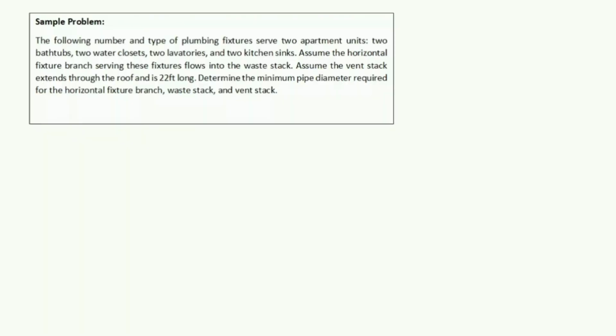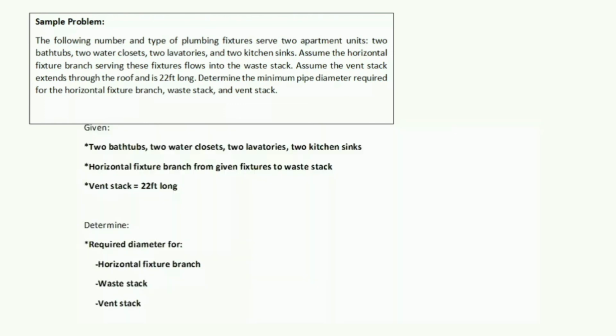So, klaruhin ko lang muna yung problem natin. So, meron daw tayong 4 na fixture, yung bathtub, water closet, lavatories, and kitchen sink. Tapos, yung horizontal fixture branch daw natin ay dumadaloy papunta sa waste stack.